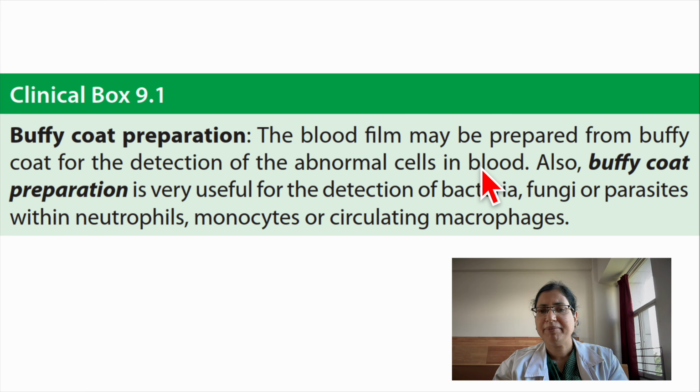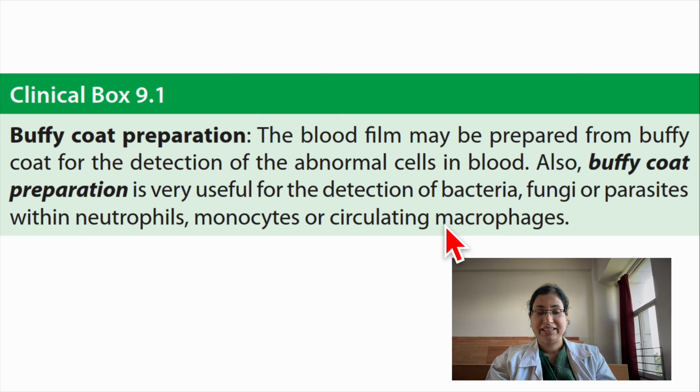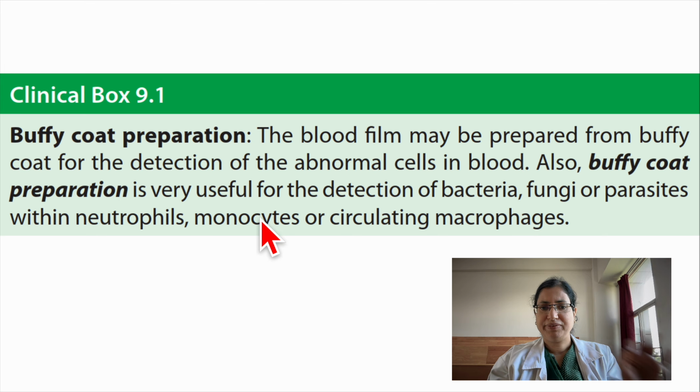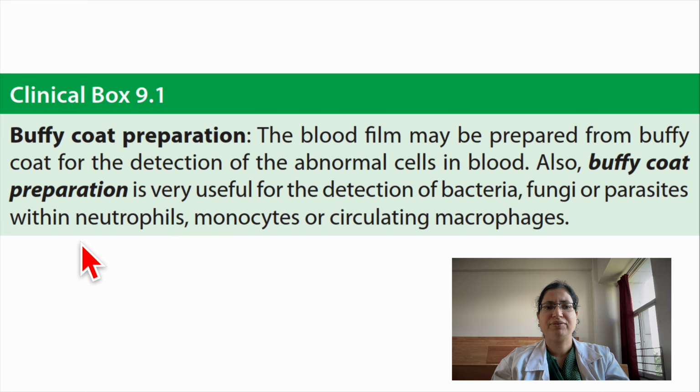A blood film may be prepared from the Buffy coat for the detection of abnormal cells in the blood. Also, Buffy coat preparation is very useful for the detection of bacteria, fungi, or parasites within neutrophils, monocytes, or circulating macrophages. So in certain infectious diseases, these abnormal cells, that is bacteria, fungi, or parasites, appear inside the neutrophils, monocytes and circulating macrophages.